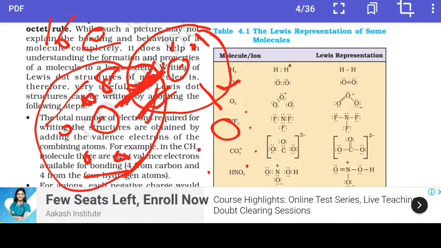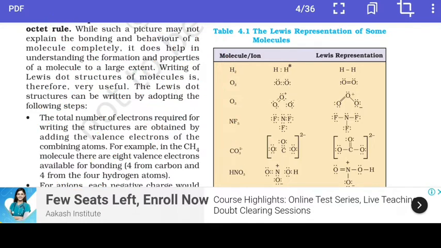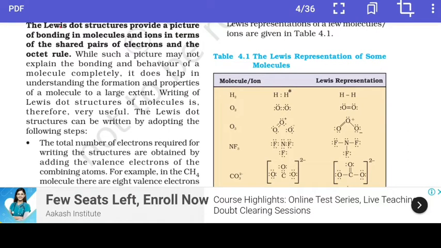Now we calculate the number of electrons. There are 16 electrons, and we are going to calculate the number of electrons again. There are 3 oxygens and 2 bonds, 2 electrons from this bond, 2 electrons from this, 2, 2, 2, 2.